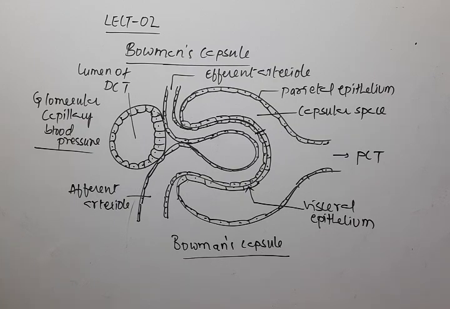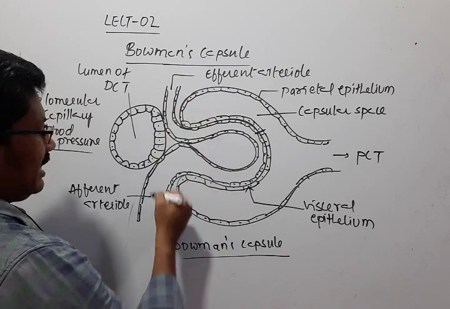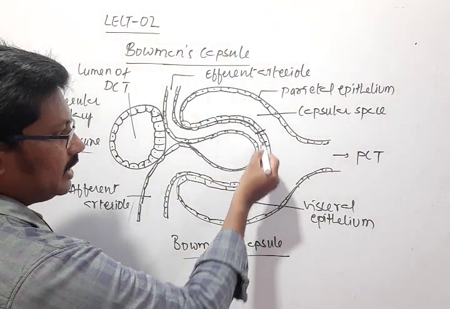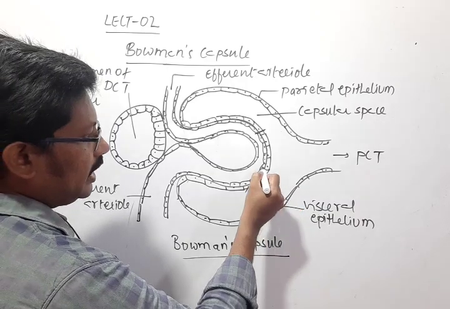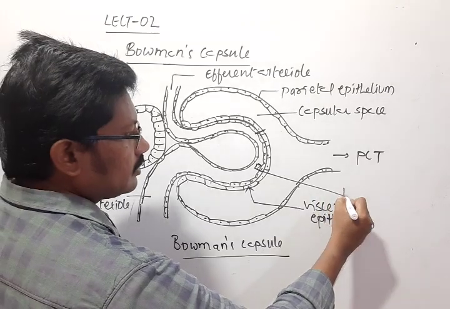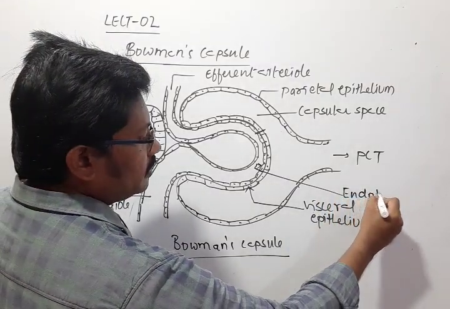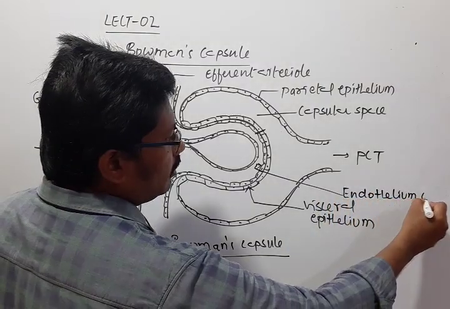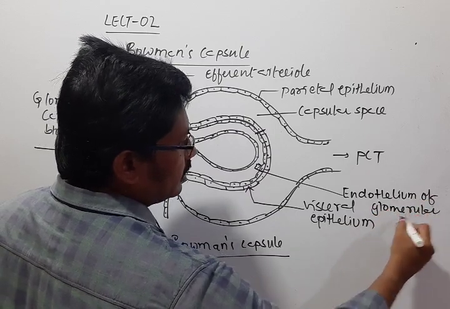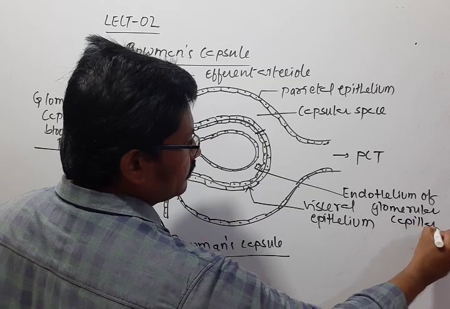So you can see here the afferent arteriole. It has an endothelium layer. So this is the endothelium of glomerular capillaries.